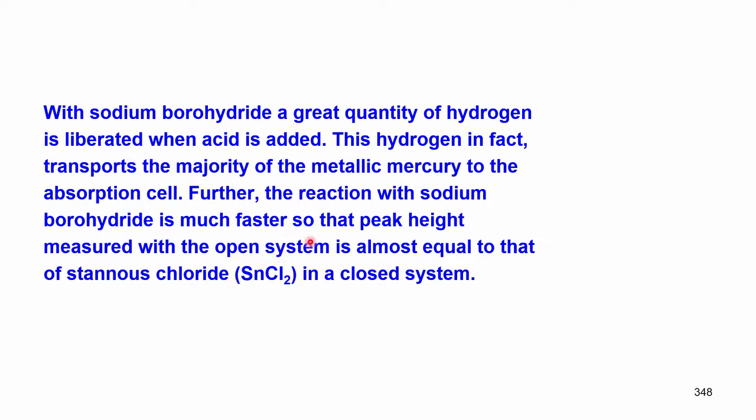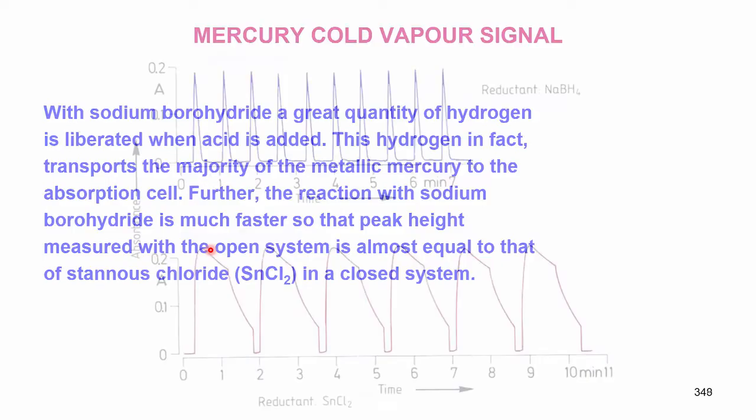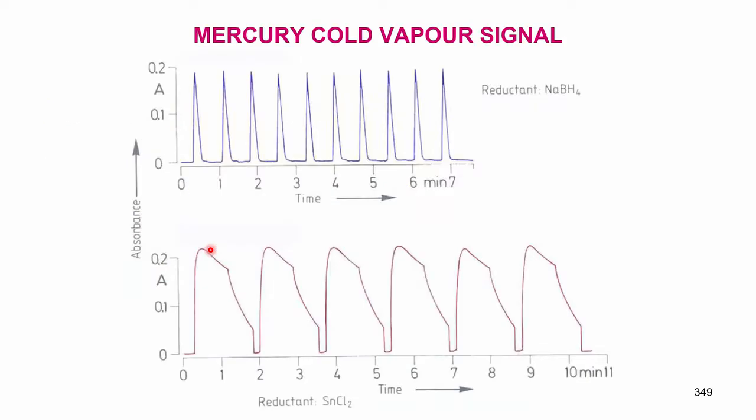That means you can use peak height for measurement whether you use sodium borohydride or stannous chloride. The only difference is that sodium borohydride is a much faster reaction than stannous chloride.